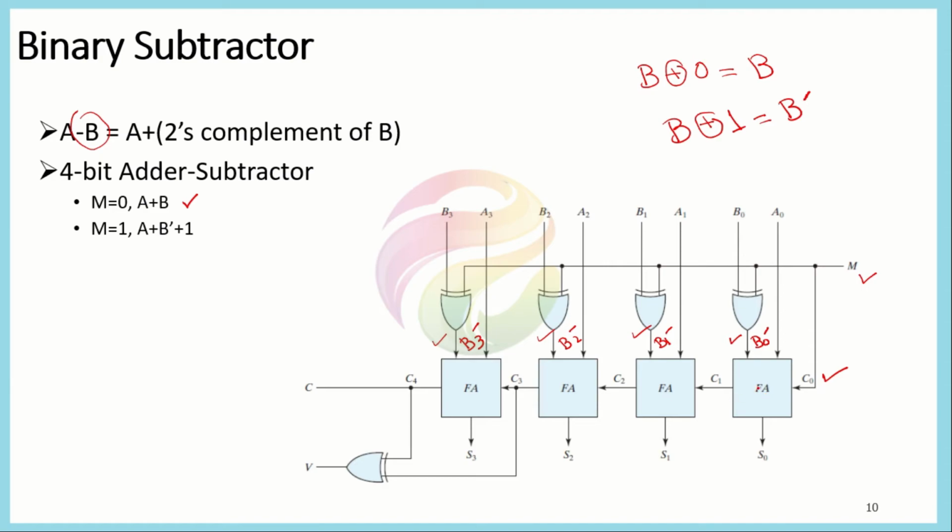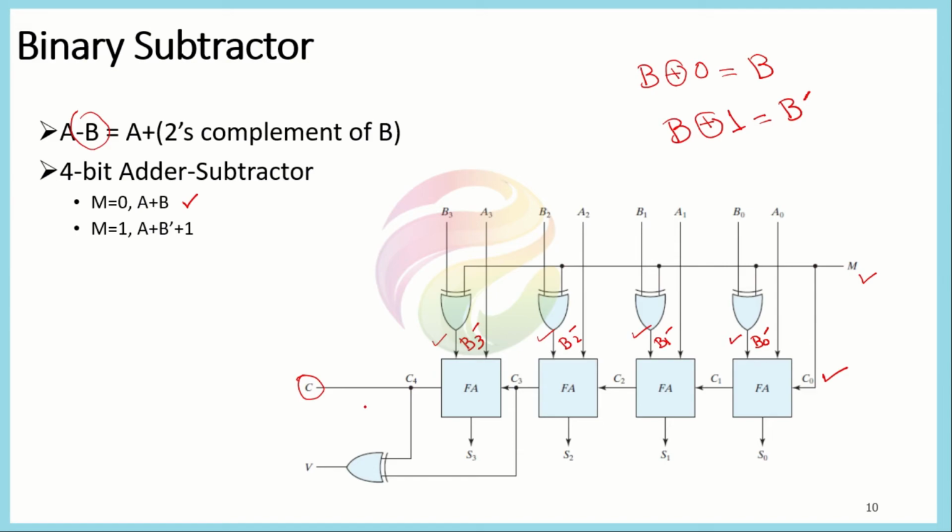And then in a similar way, we perform this process, and we would get the result in the 4-bit form S0, S1, S2, and S3. If there is some carry generated, then that would be represented by the carry bit here for the unsigned case.